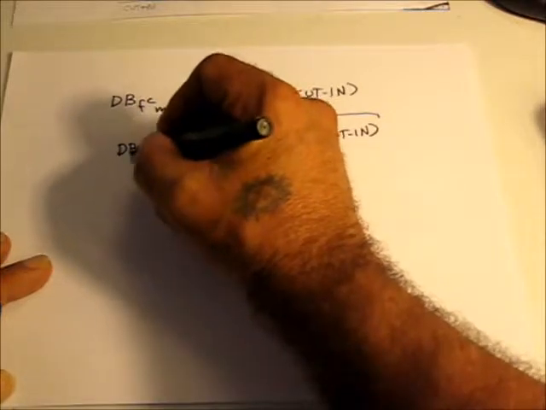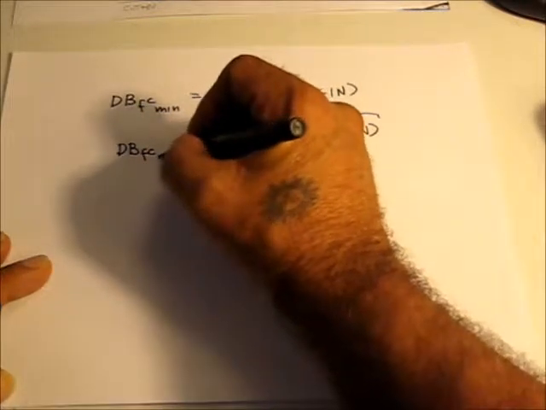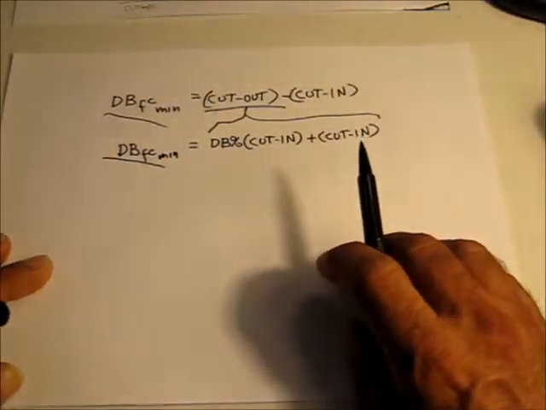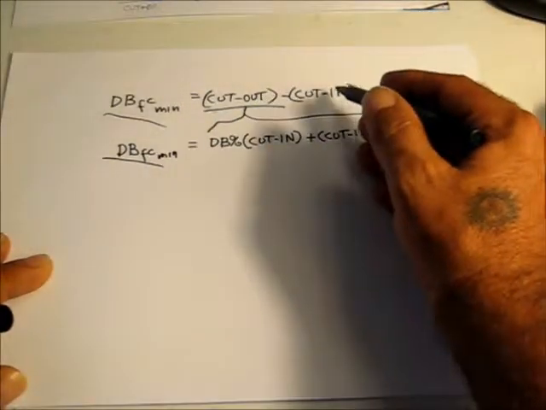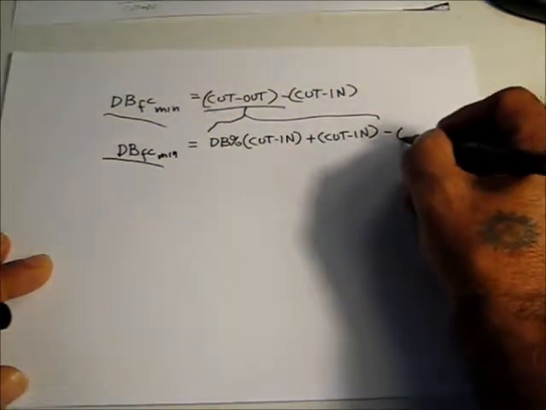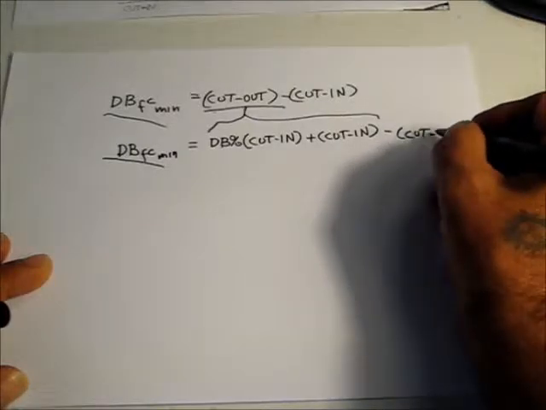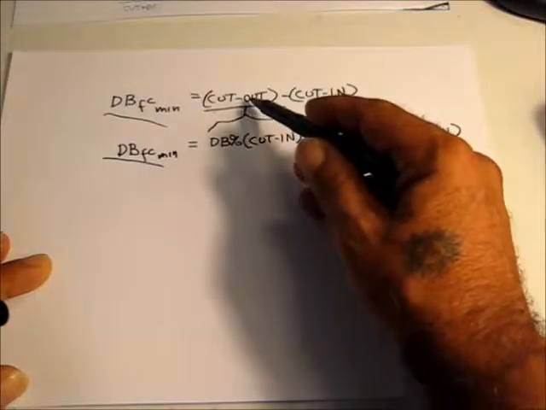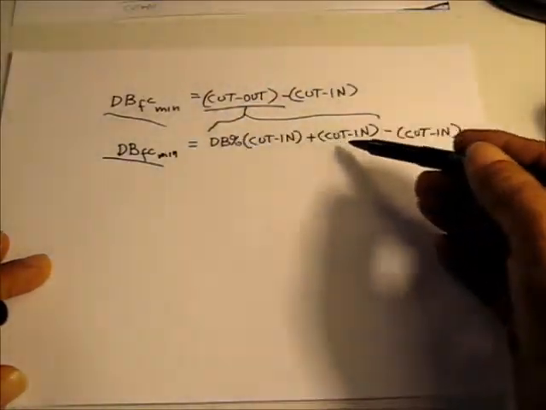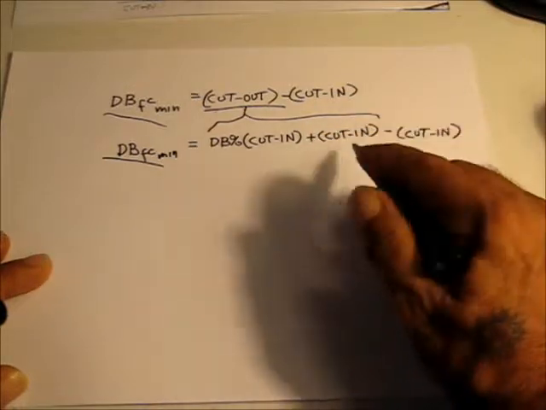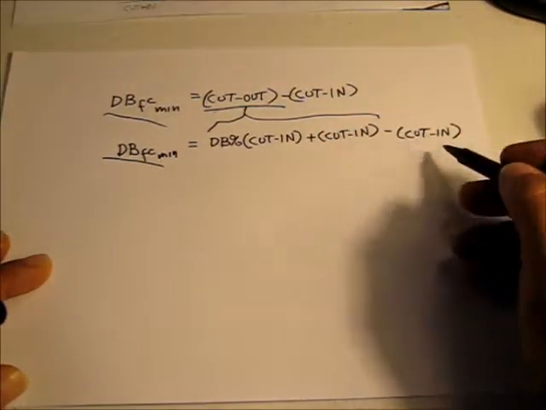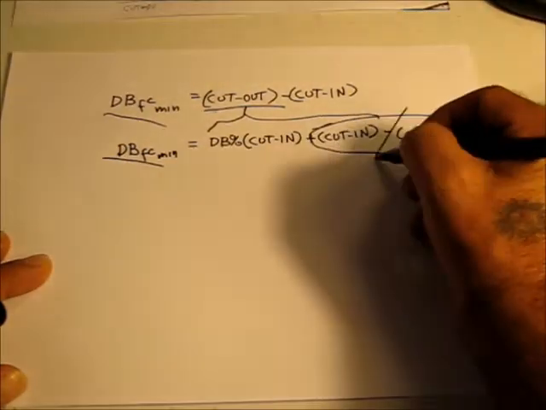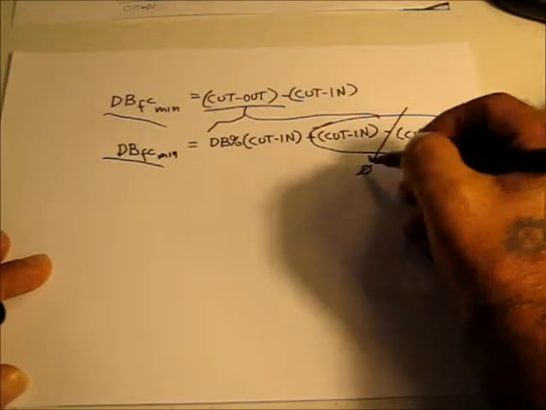Deadband foot candles minimum. This is one that you determined empirically or guesstimated, right? Well, what's the rest of our formula? Minus cut-in. So we substituted this for the cut-out because that's, even in the manufacturer's documentation, what they tell us it is. Well, now we've got cut-in minus cut-in. Oh, guess what? Anything minus itself is 0, right?